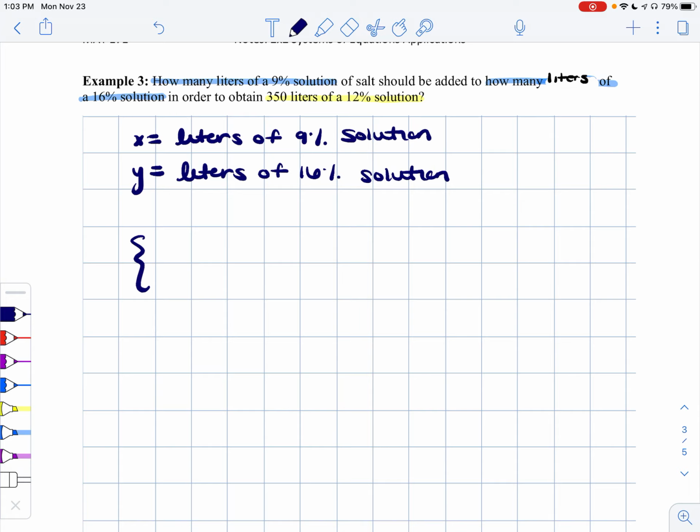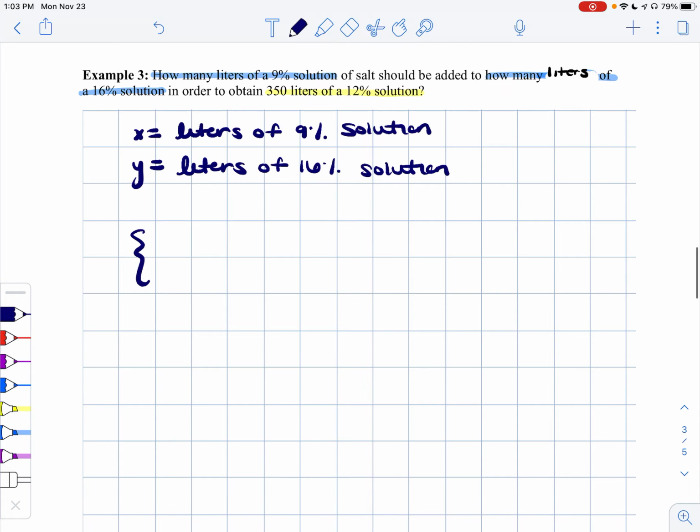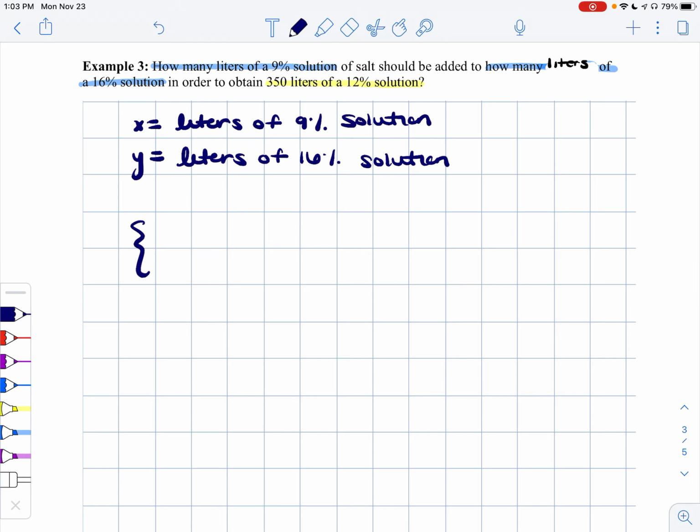Let's start with the percent concentration. We are looking at adding x liters of a 9% solution to y liters of a 16% solution for a total of 350 liters of a 12% solution. If we put that together, just remember that whenever you hear that word "of" in math, you're thinking multiplication.